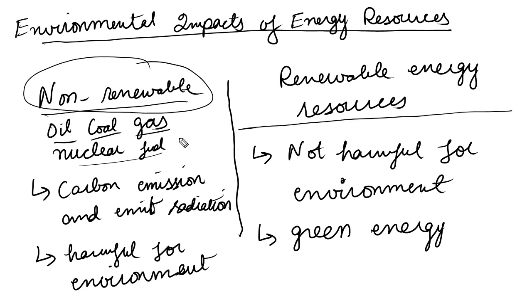Due to those reasons, the non-renewable energy resources are used more as compared to the renewable energy resources, and they are causing harmful effects to the environment, and we should try our best to reduce these effects.